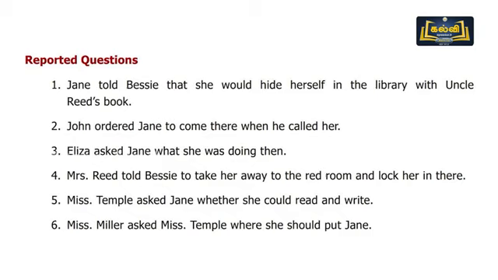The next topic is reported speech. Children, reported speech deals with direct and indirect sentences. When a sentence is given in the indirect form, you will change it into a direct one. Or else, if it is a direct one, you will change it vice versa.